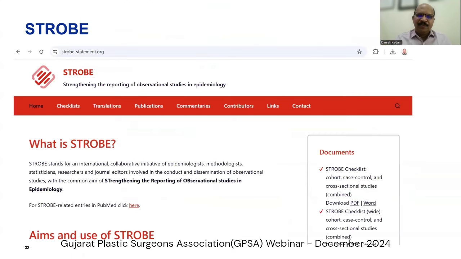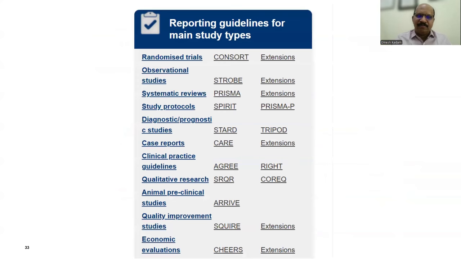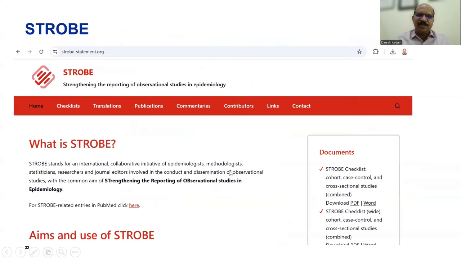Whenever you report these observational studies, about 20 years back there was a group of editors, researchers and statisticians who made the STROBE guidelines. That means Strengthening the Reporting of Observational Studies in Epidemiology.